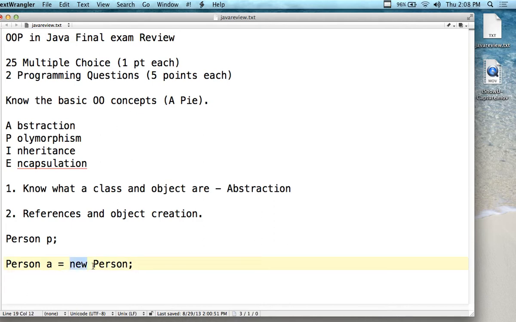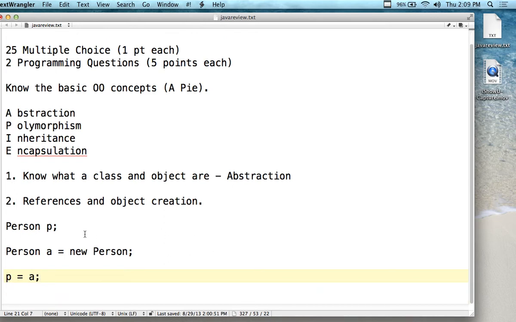The new as opposed to the not new, we can make them two different ways. We can reference it, because here I can say P is equal to A. So I have an object reference, and then I have an object reference with an object instantiation. I've created a new person.